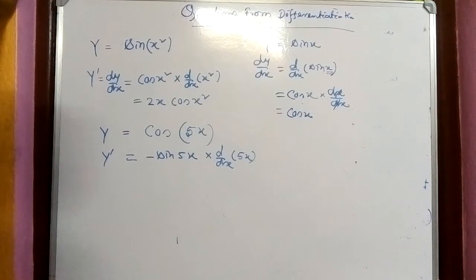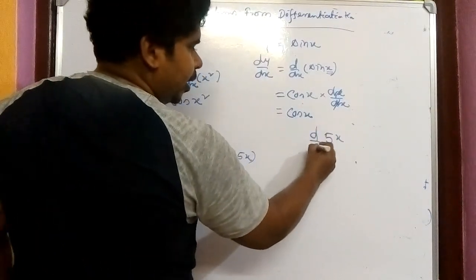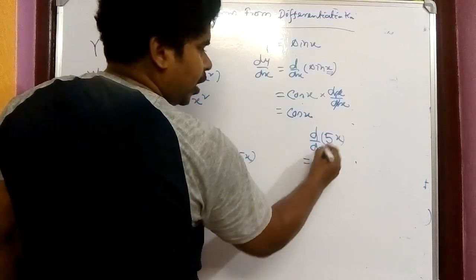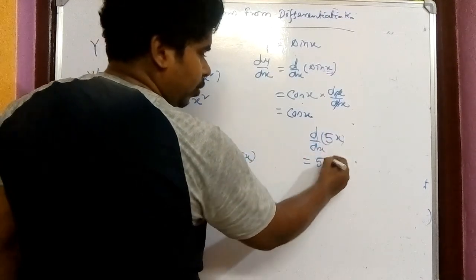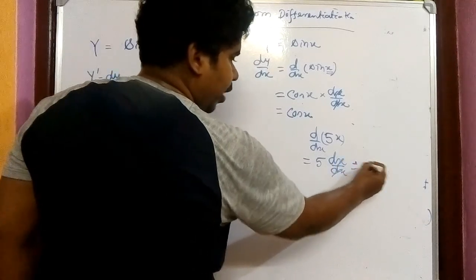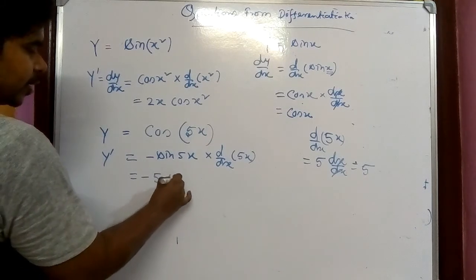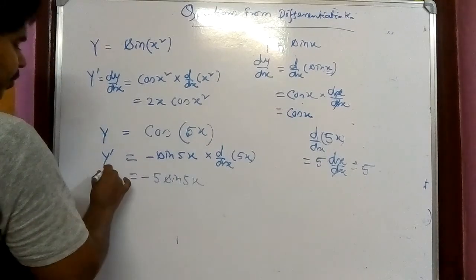So d dx of 5x, we have already done it. 5 is a constant term, it will come out, and dx by dx is 1. So it is 5. So this 5 will come here: minus 5 sine 5x.